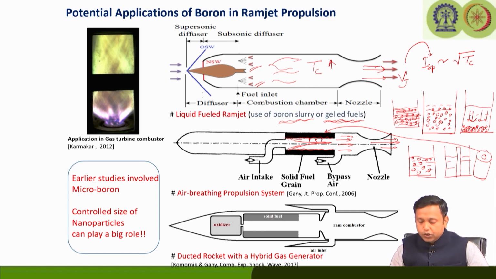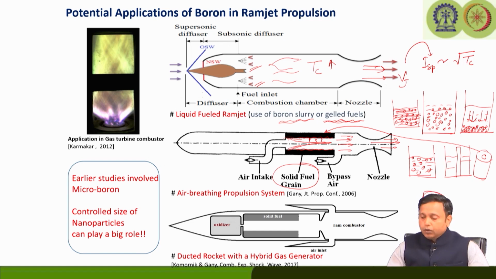The newer approach is the ducted rocket with a hybrid gas generator, where we can directly use boron particles in solid propellant. Remember, what we were talking about before was the solid fuel, but we can make the grain by adding both the oxidizer and the fuel.